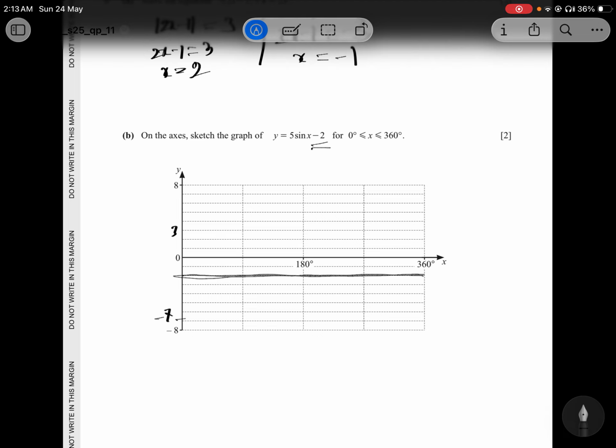Okay, so 360 degrees, right? Yeah, this is the thing. Let me check one more time. Minus 2 is okay, 5 is okay, 5 is okay, and 0 to 3 is okay. Yeah, this is it.